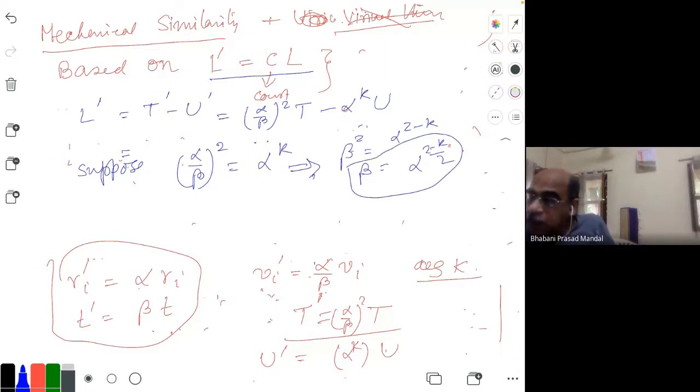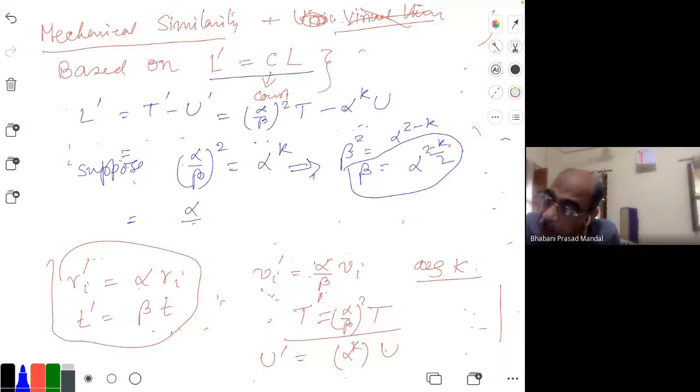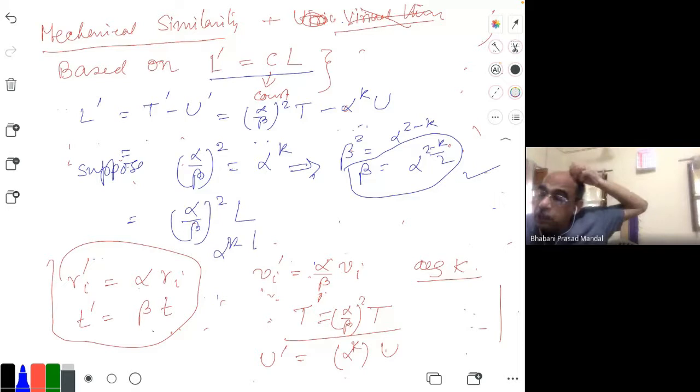Initially I had two unknown constants, now I have only alpha, since beta is chosen in terms of alpha. Then I can take the overall constant common: alpha by beta whole square times L. Or you can write this as alpha to the power k times L. Both are the same, right?